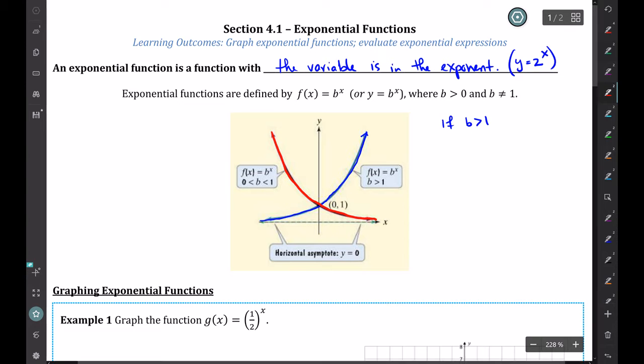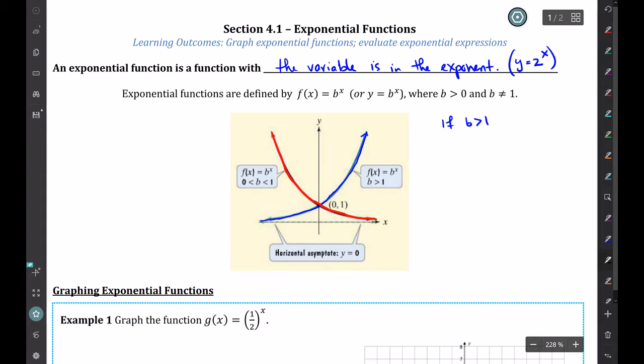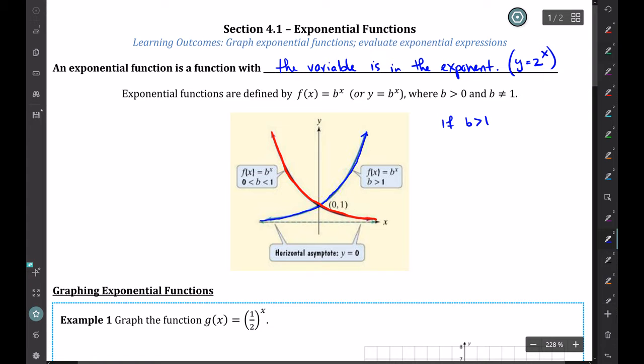So if b is greater than 1, then we have something like that. If b is less than 1, then it looks like this.